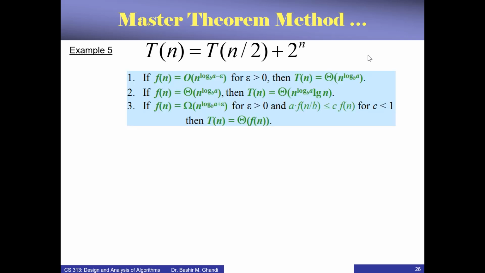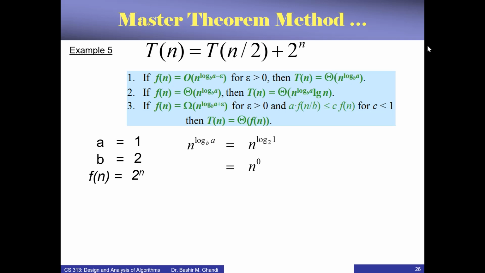So a is 1 in this case. There is only one sub-problem. But the size of the input is divided into 2, so b is equal to 2. And f(n) is 2 to power n. So next we have to compute n to power log of a to base b. So this is obviously n to power log of 1 to base 2.